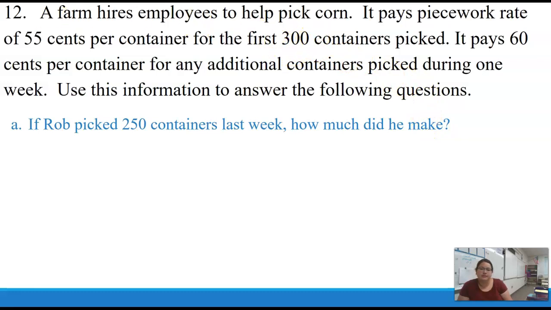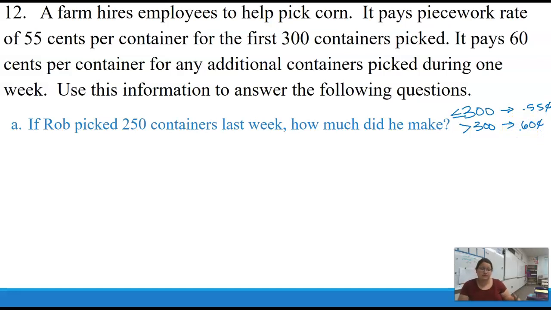So we have to consider this. We've got two different rates. The first 300, so 300 or less than or equal to 300 is going to pay 55 cents. Over 300, and then you're going to have 60 cents. Now they're not going to pay you 60 cents for every container.